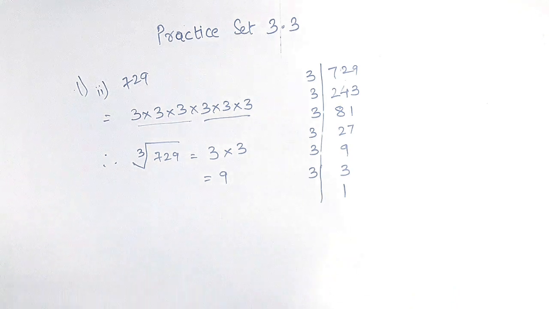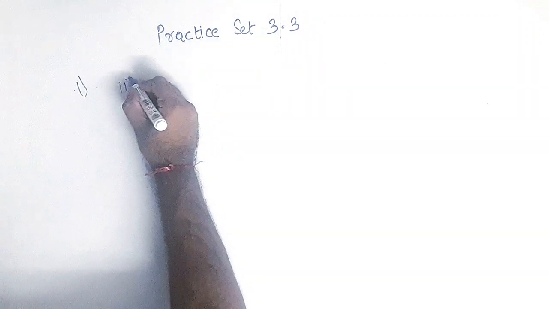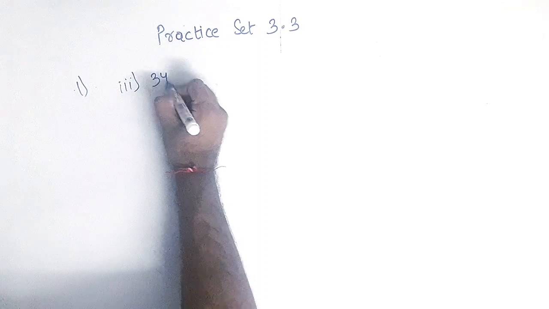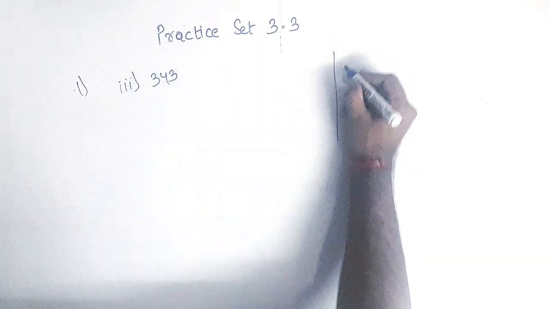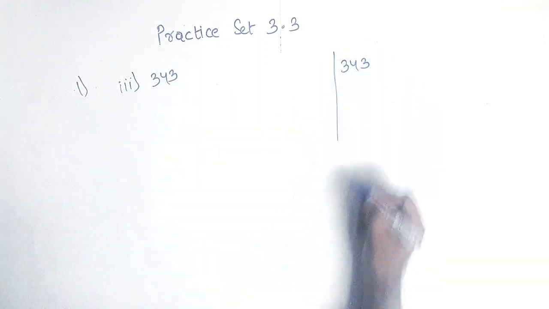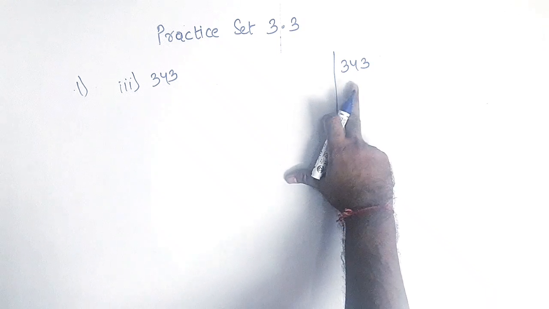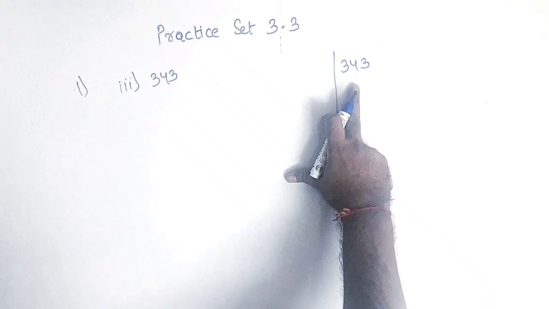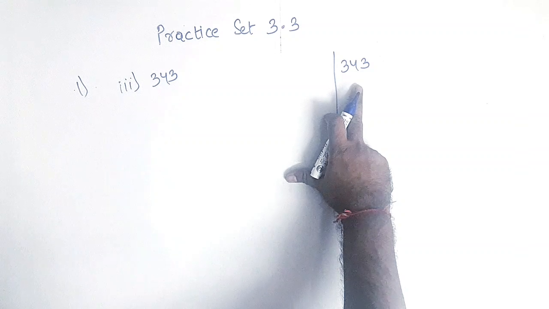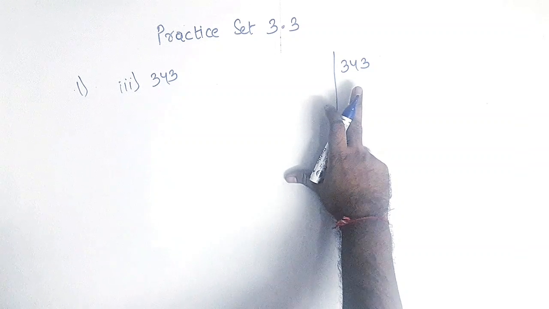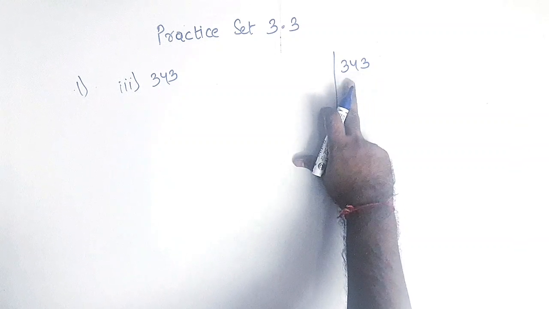Then the third one they have given is 343. Again I'll arrange this. Is it divisible by 2? It is not divisible because it is an odd number. Is it divisible by 3? 3 plus 4 is 7, plus 3 is 10.